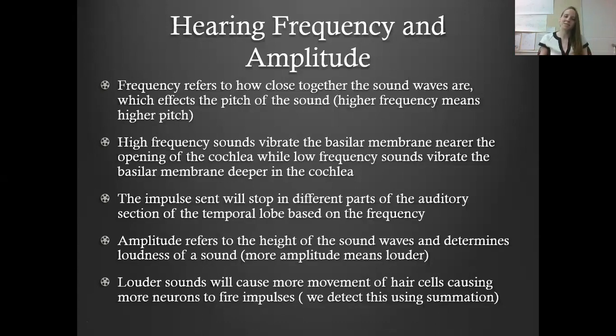High frequency sounds vibrate the basilar membrane closer to the opening of the cochlea, whereas low frequency sounds will hit the basilar membrane closer to the inside, the tight spiral part of the cochlea. And so depending on where the impulse is sent from, that's going to be interpreted by the temporal lobe as either high-pitched or low-pitched.